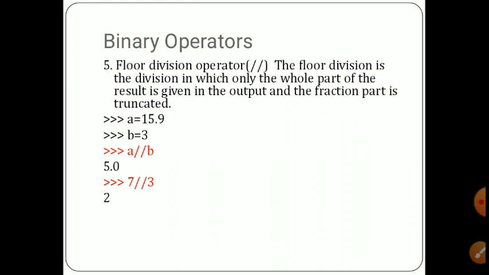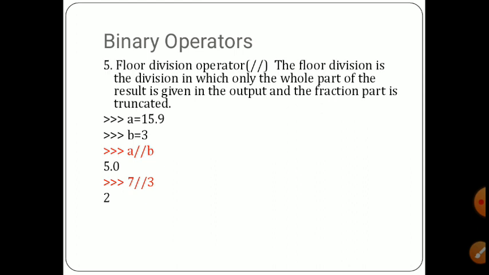Floor division: the division in which only the whole part of the result is given in output and the fractional part will be truncated. It will be hidden. Suppose I take two values, one 15.9. It means the first value is a float value and the second value is an integer value. So if we do the calculation 15.9 floor divided by 3, it only divides the whole part number.